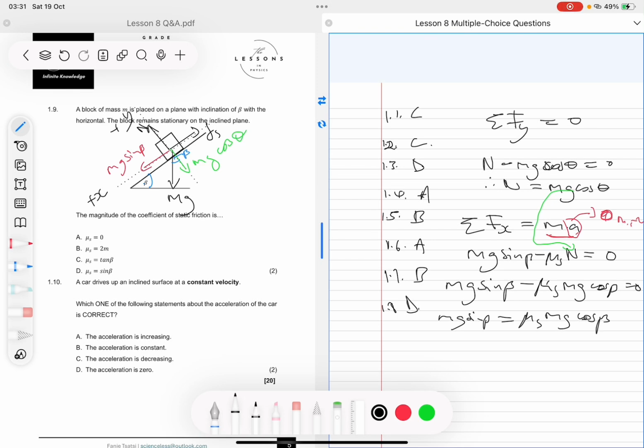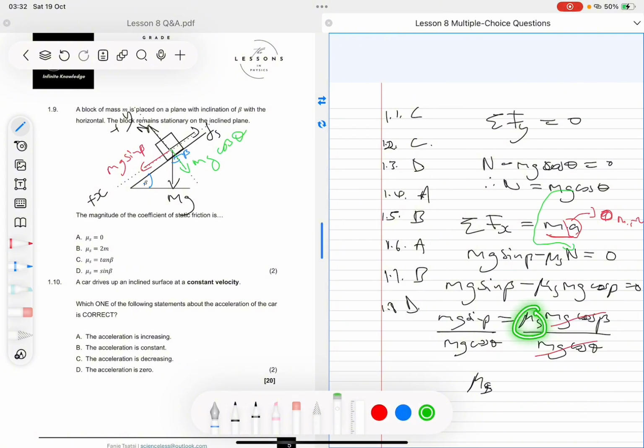Now, if we divide both sides by mg cos of theta, the reason why I divide by mg cos of theta is because I want this to cancel here so that I am left with coefficient of static friction, right?